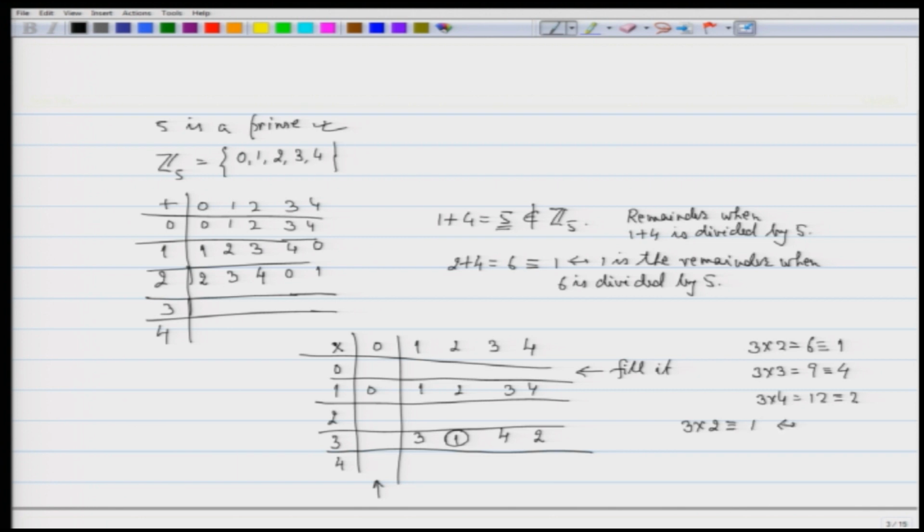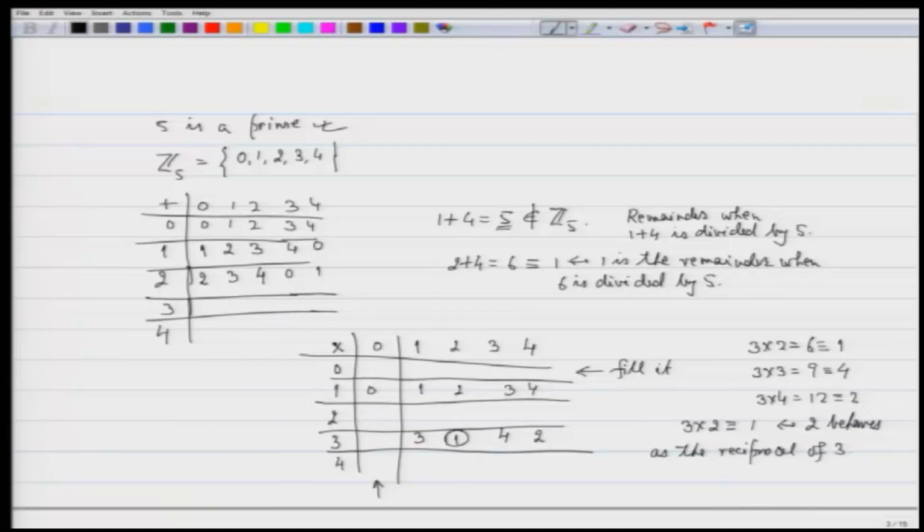So, 2 behaves as the reciprocal of 3, in the sense that if you remember, 3 into 1 upon 3 was 1. Similarly, here 3 into 2 is 1. Similarly, 2 into 3 is 1 here. So, 1 works as the reciprocal identity element of the set. So, 1 is always the identity element of the set.